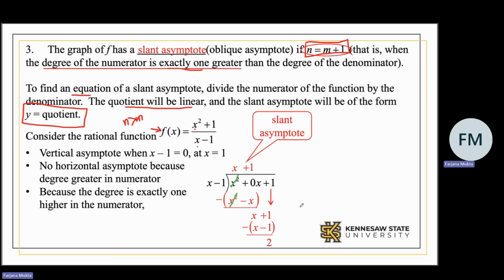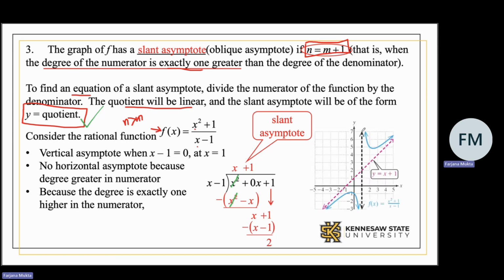Now, the quotient x plus 1 is our slant asymptote, right? So y equals x plus 1 is our slant asymptote. Graphically, this black line represents the vertical asymptote, this purple line represents the slant asymptote, and the blue curves are our graph for the rational function. Right?